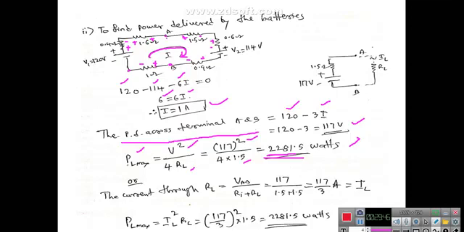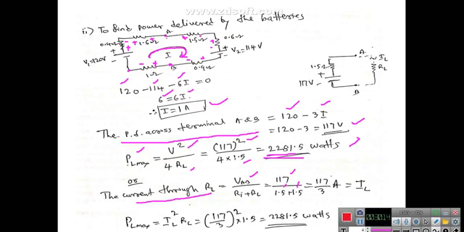Otherwise, you can find it in terms of current also. If you find the current through the load resistance using the potential difference across the terminal AB, the current is VAB divided by RI plus RL. VAB is 117, RI is 1.5, RL is 1.5.